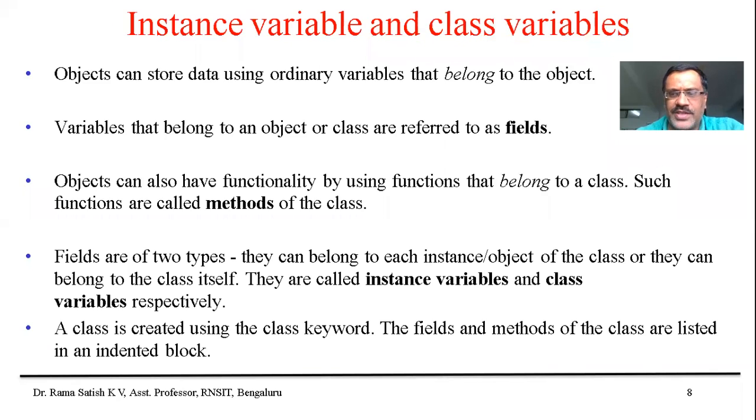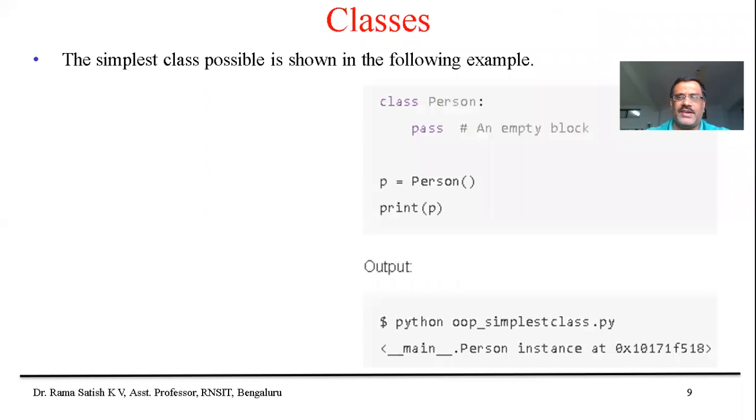We can create a class using the class keyword. Here is one simple example. In this example, you are creating a class called person, and just pass. Pass is nothing but the end of the class, and it is an empty class that you are creating.